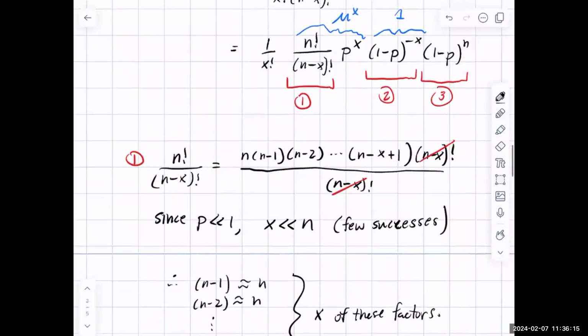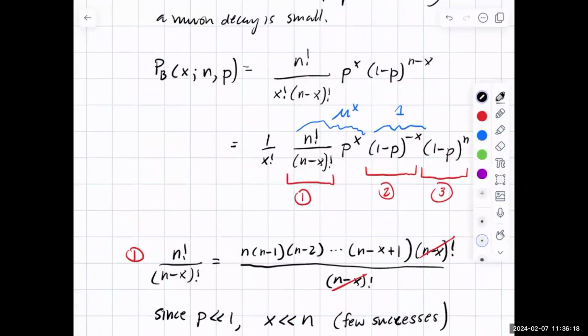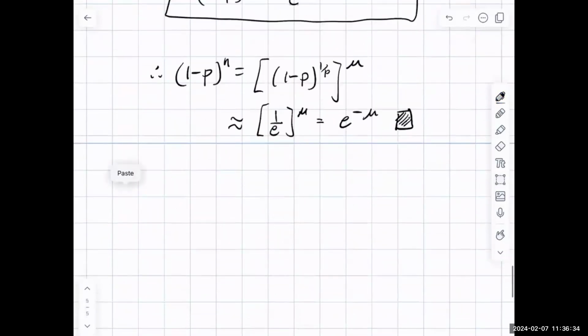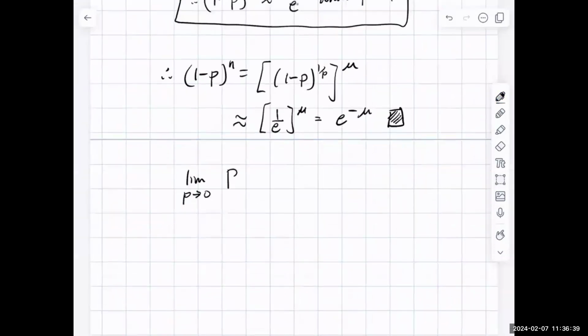So over here, we're going to say that this thing is e^(-mu). All right, and then we've got everything we need. And so we're going to say that in the limit that p goes to 0, our binomial distribution for x successes out of n trials when probability of success is p is approximately equal to 1 over x factorial.